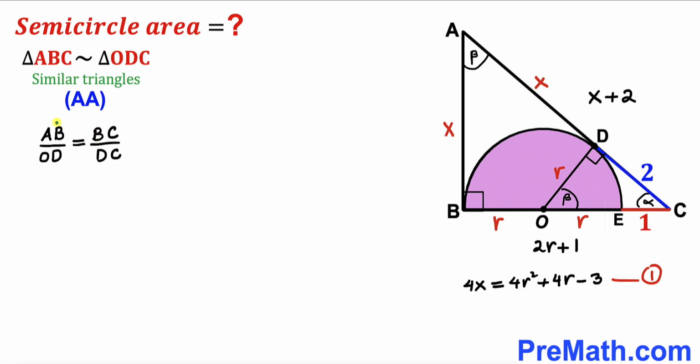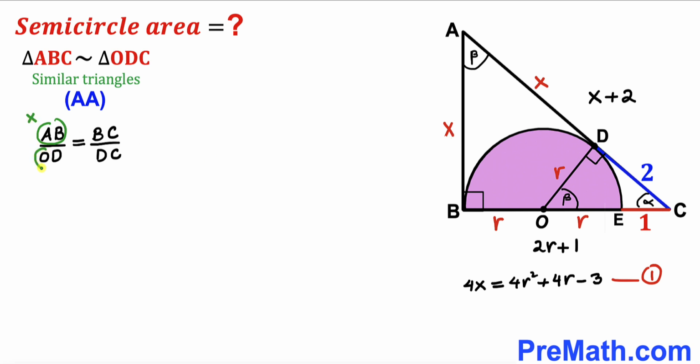We're going to have the ratio of AB and OD equal to the ratio of BC and DC. Now we can see this side AB is x, so I'm going to replace this AB with the x.